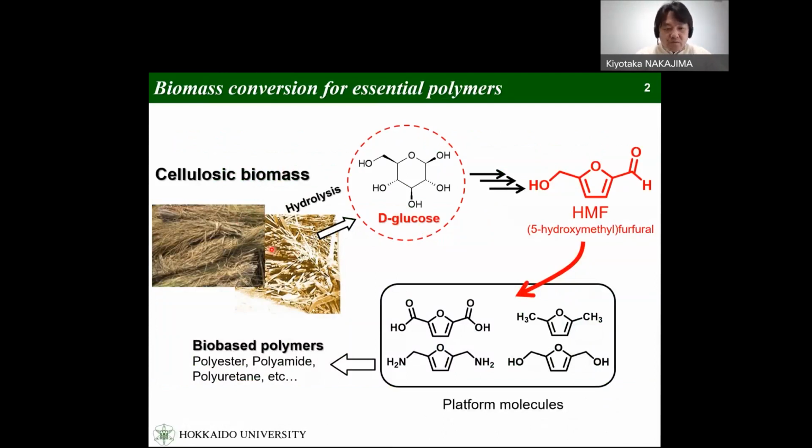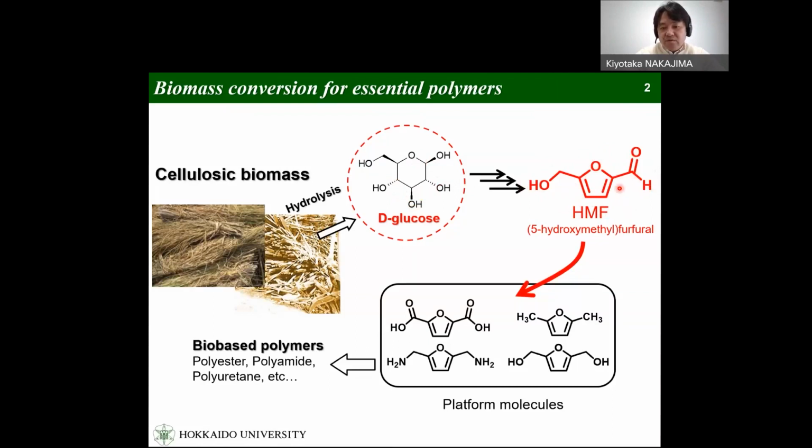When we hydrolyze cellulose to glucose, this is the first molecule to be utilized for chemical production. After the dehydration of glucose, we can get HMF as shown here. This is an aromatic compound with two functionalities, a hydroxymethyl group and a formyl group.